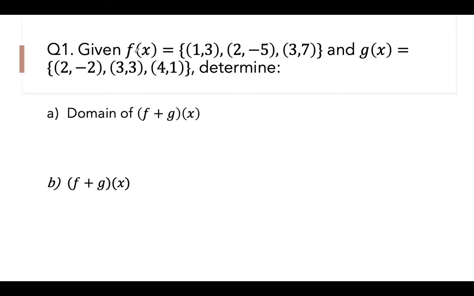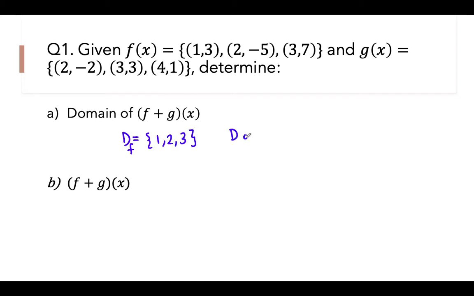Okay, so we're given function f and function g of x, and we're actually given a list of points. The question is, find the domain of f plus g of x. So when they're adding, we have to figure out where they intersect. The domain for function f is 1, 2, and 3.